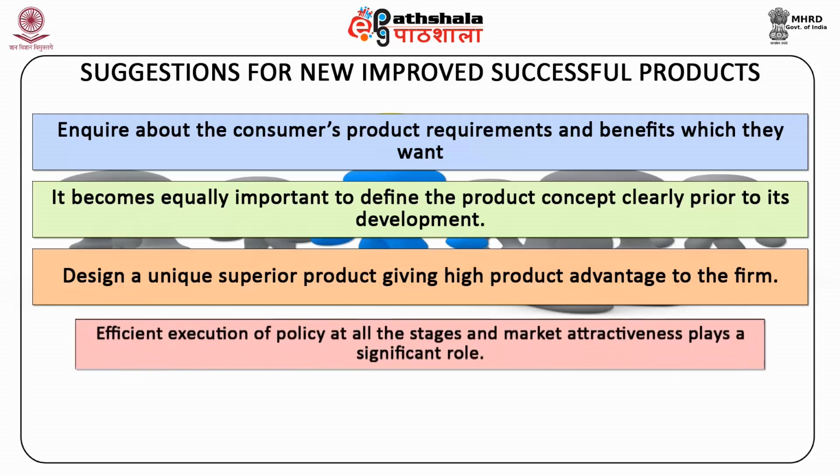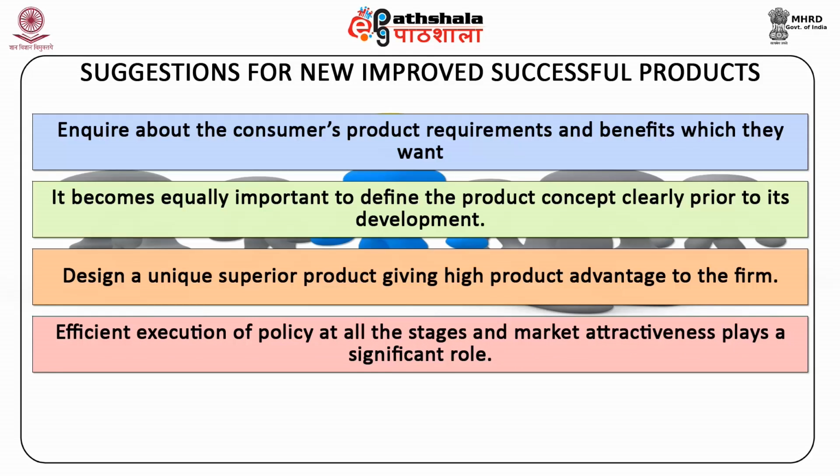Fourth, technological sophistication, efficient execution of policy at all stages, and market attractiveness play a very significant role. Last, new product development is most effective when there is teamwork among R&D, engineering, manufacturing, purchasing, marketing, and finance departments.